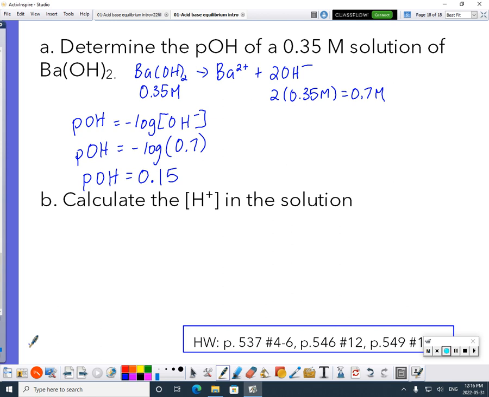In part B, it asks us to calculate the H plus concentration. So I'm going to do that two ways. So again, every solution, even though you're used to thinking of a base just being OH and an acid just being H, because water can be protonated or ionized, then you can calculate the other ion as well. So you can do this using this.